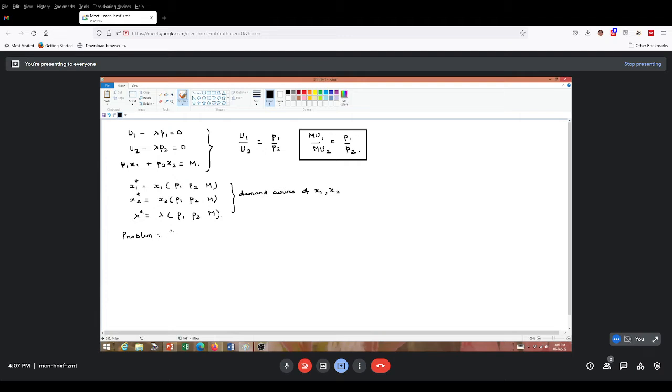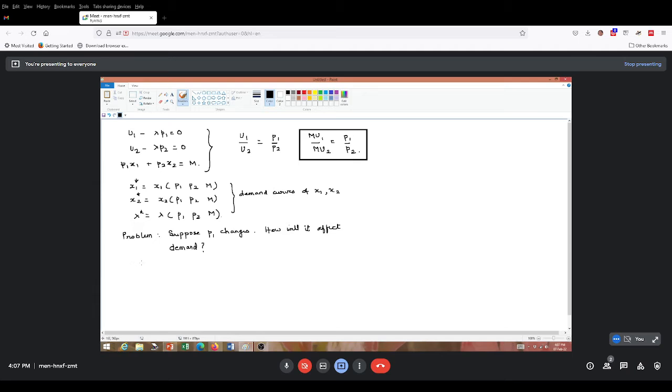Now the problem is that suppose the price of any commodity changes, let us say P1 changes. How will this affect demand for some commodity? So this is the question.